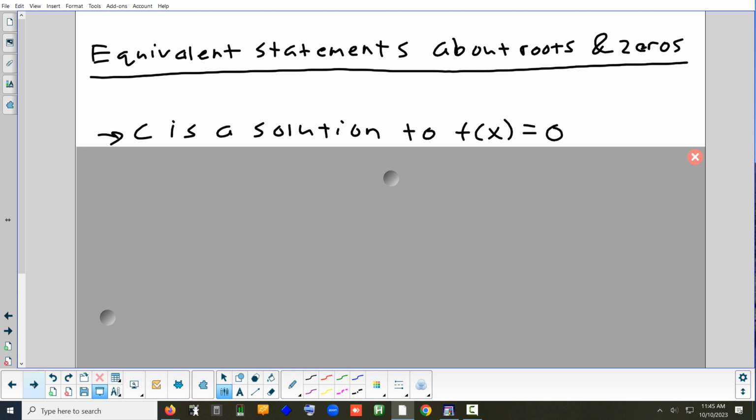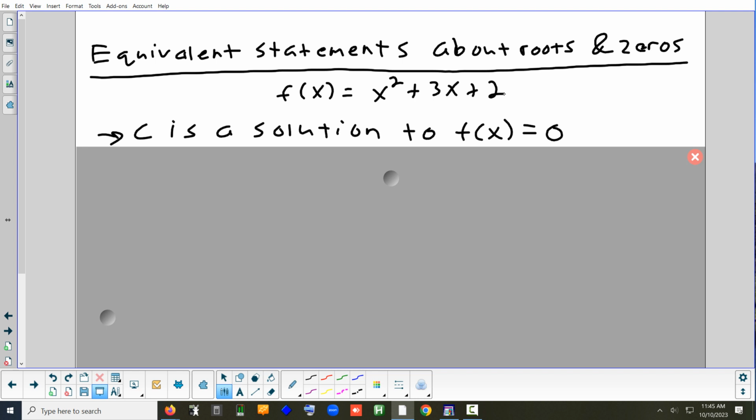So remember, what does a root mean? It means it's a number that you could plug in for x and get 0 for y. Let's put an example up so we can work with it. Does anybody see a number you can plug in for x there and get 0?